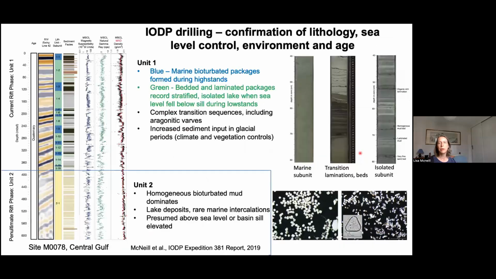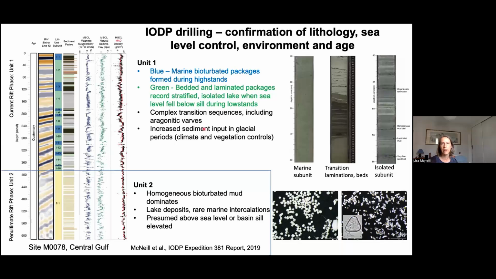As I said before, we've also recently had scientific drilling here. This was in 2017. We drilled a series of boreholes, and I'm showing you results from one of them here in the center of the Gulf of Corinth. Here I'm focusing on the upper unit, where we've got this fluctuation between marine and lacustrine environments.